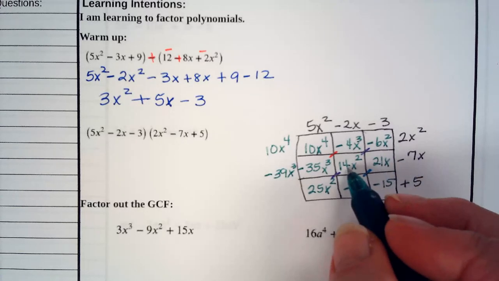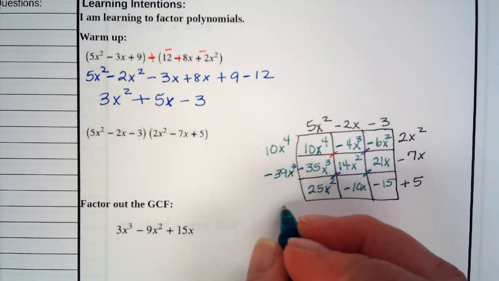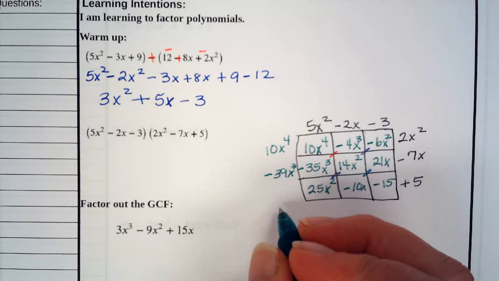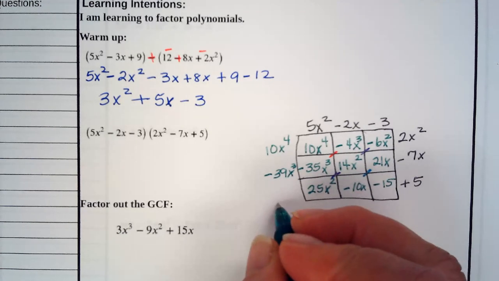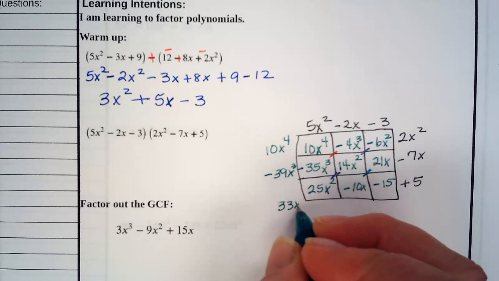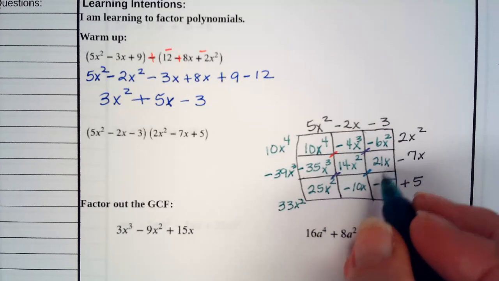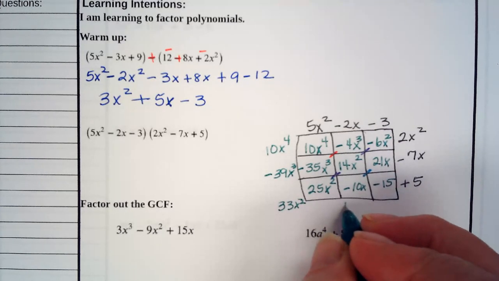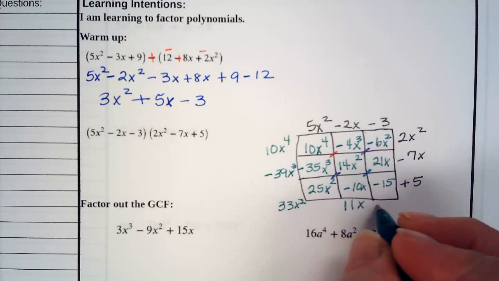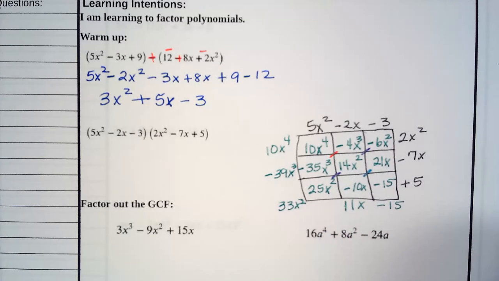Negative 6 plus 14 is positive 8. 8 plus 25 is 33. That would be 33x squared. 21x minus 10x is positive 11x, and then you've got negative 15.